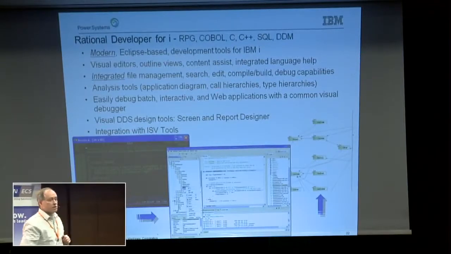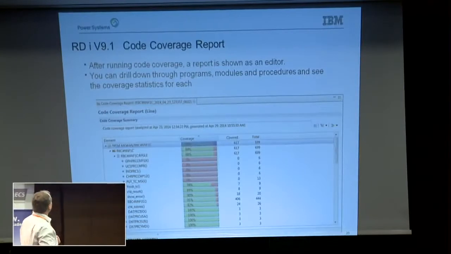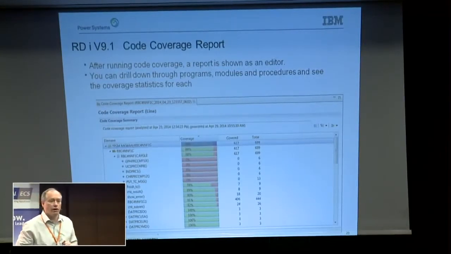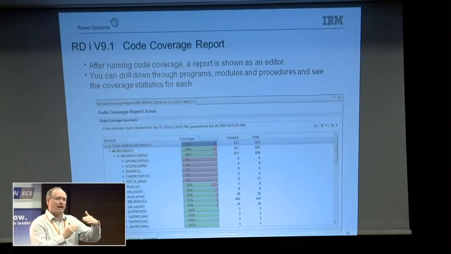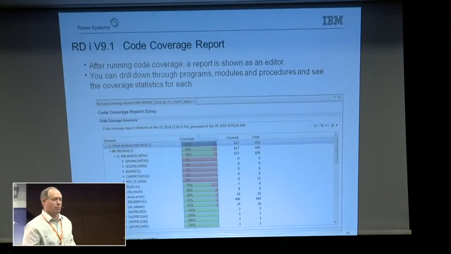Our modern tools, this is what Charlie's going to talk about. RDI. RDI has code coverage. I can see exactly what line of code was run. Charlie will talk more about that next.